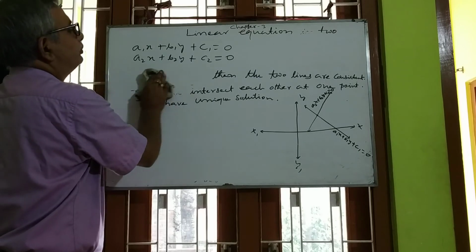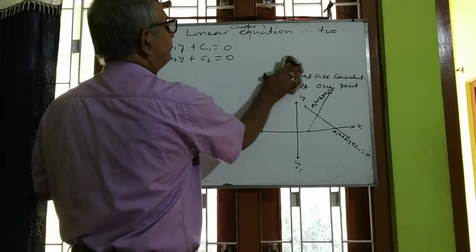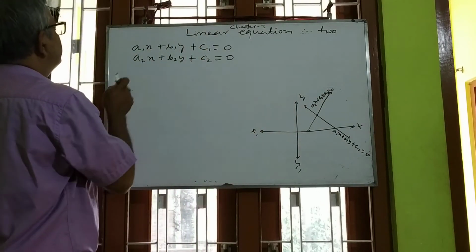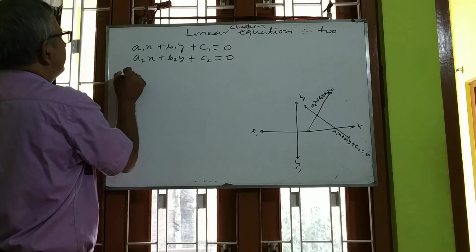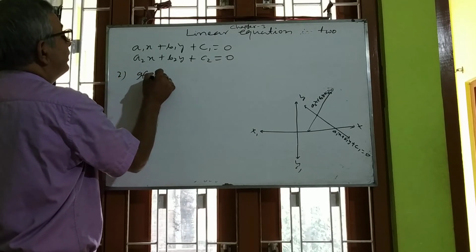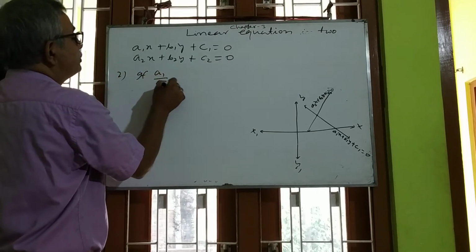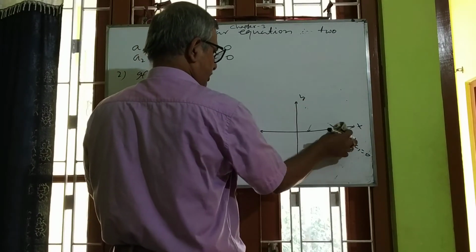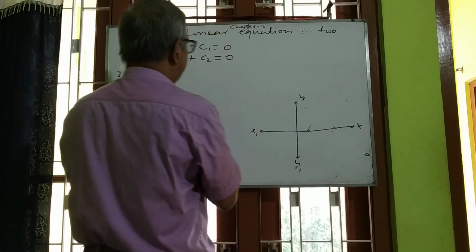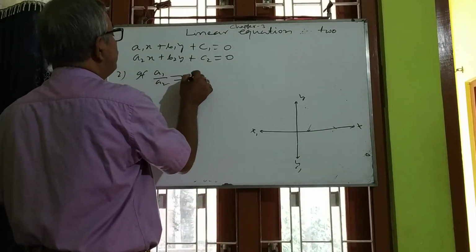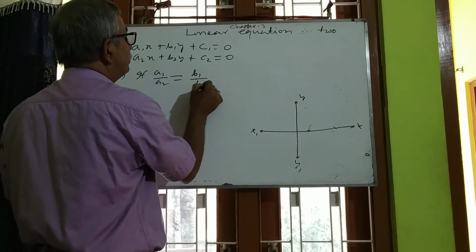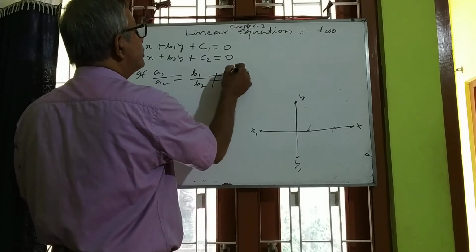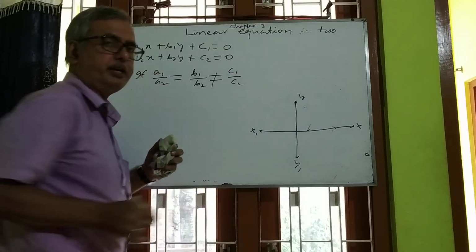Condition 2. What is condition 2? If a1 by a2 equal to b1 by b2 not equal to c1 by c2, this is the condition.